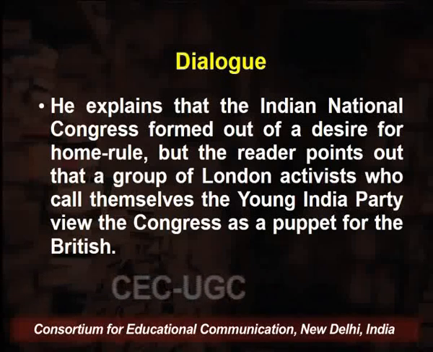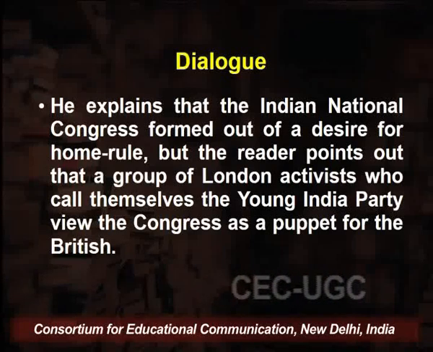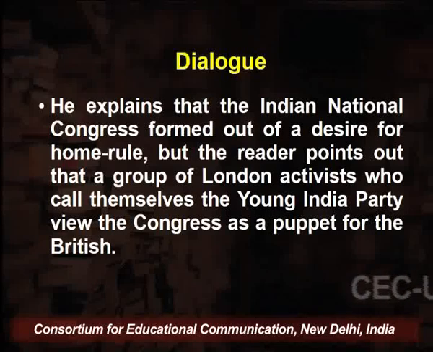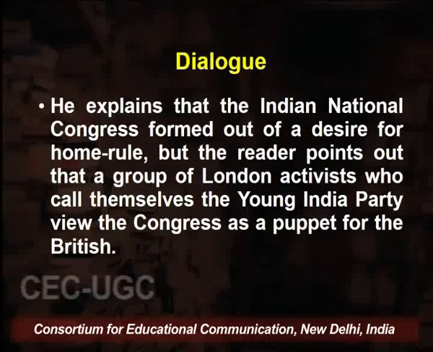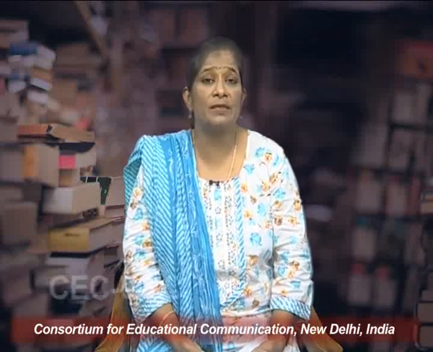But the reader points out that the group of London activists who call themselves the Young India Party view the Congress as a puppet for the Britishers. It begins with this dialogue between what was the objective of the formation of the Indian National Congress, how it was misrepresented among the people, and how there was a difference of opinion between the extremists and the moderates.